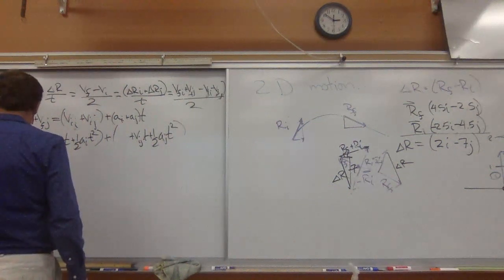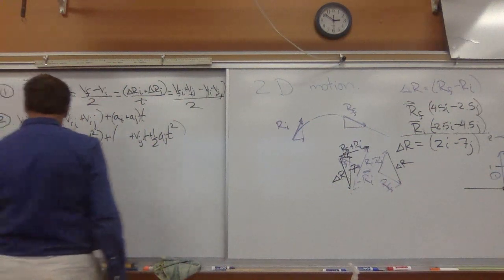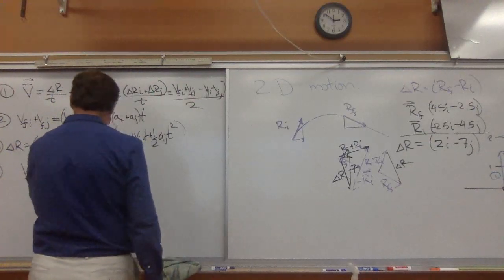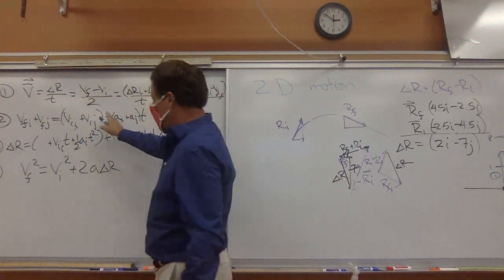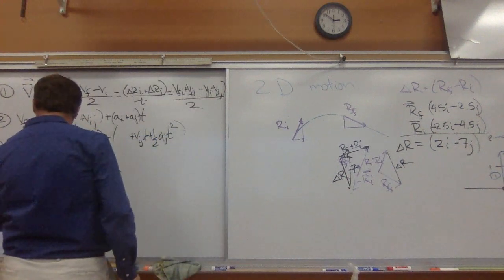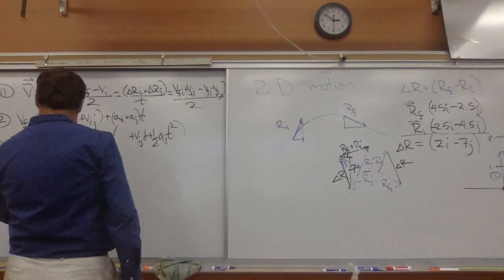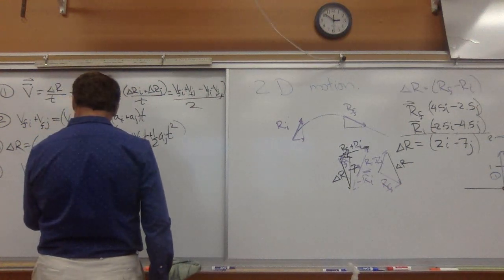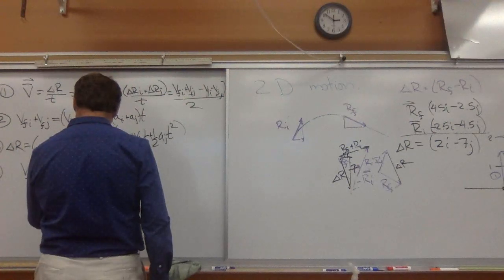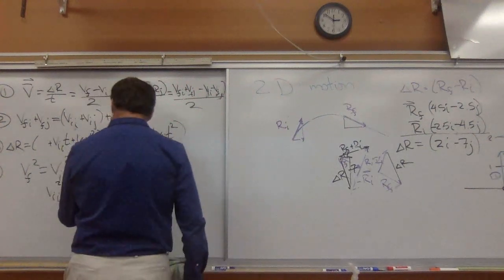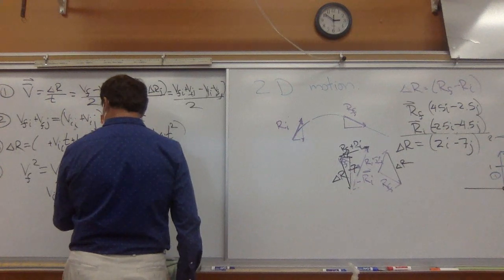And then we would have V final squared is equal to V initial squared plus 2A delta R. Now you can imagine here that I could separate these out. I could say V initial I squared plus 2A I times x final minus x initial, and that would be in the I direction.